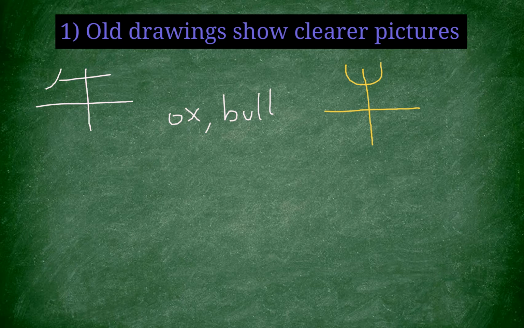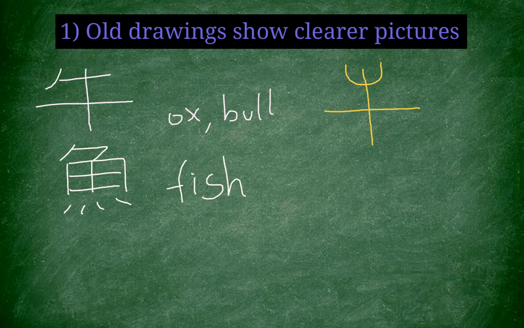But again, modern writing, because of the writing system and the ink, they had to change how they wrote. Another example, which is again another animal, is the word fish. So the ancient character, again, it's a picture.